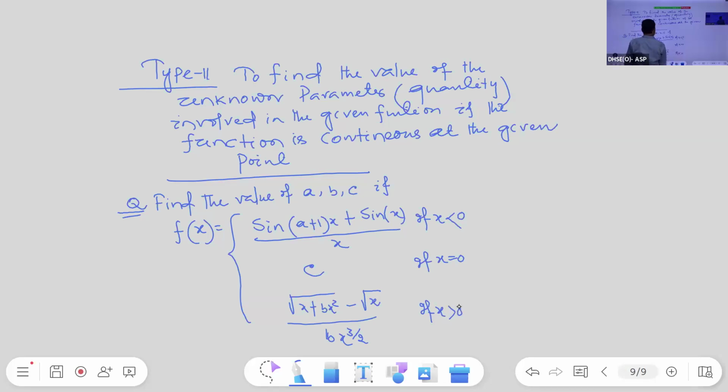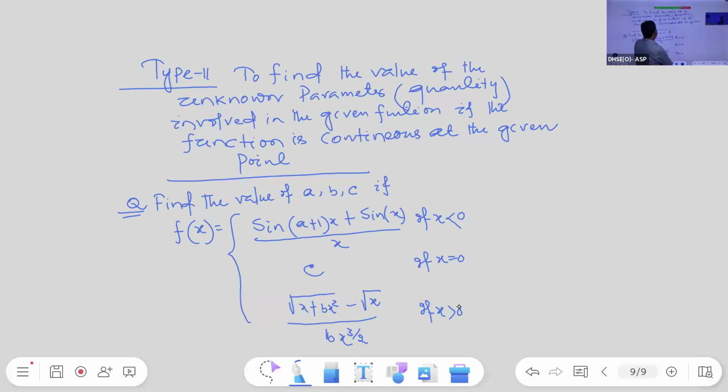Okay. The function is defined in three different ways. For negative values of x, the function is sine of (a plus 1)x plus sine x by x. For x equal to 0, the value of the function is c. For x greater than 0, the function is under root x plus bx square minus under root x upon bx to the power 3 by 2.